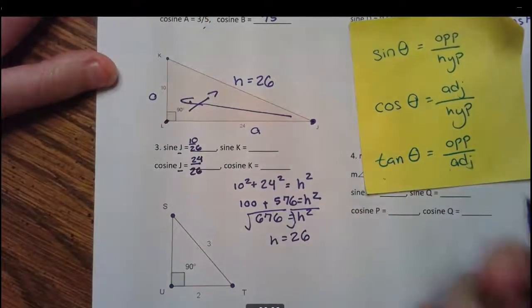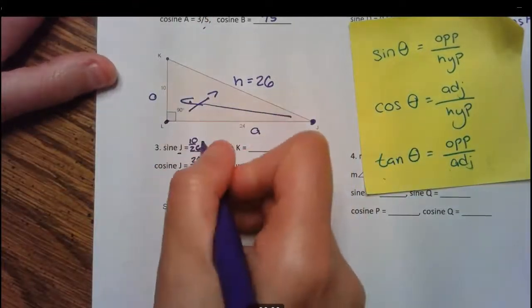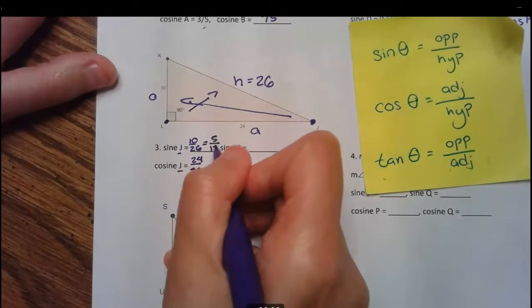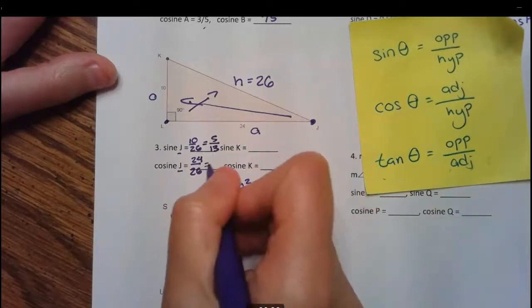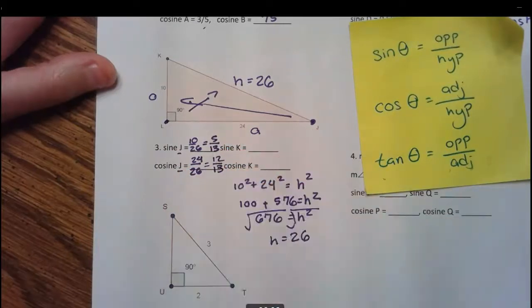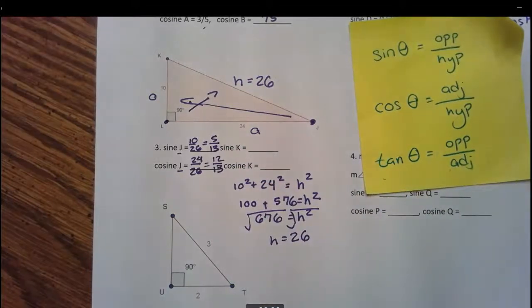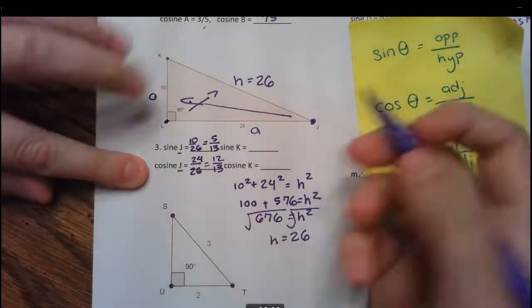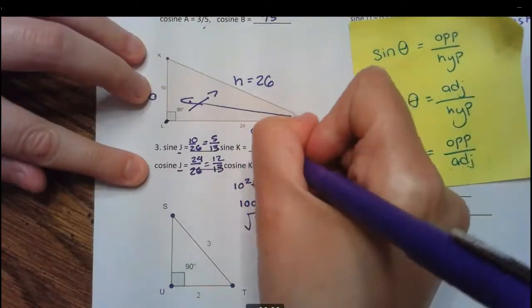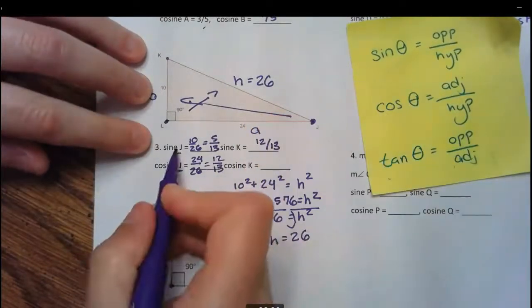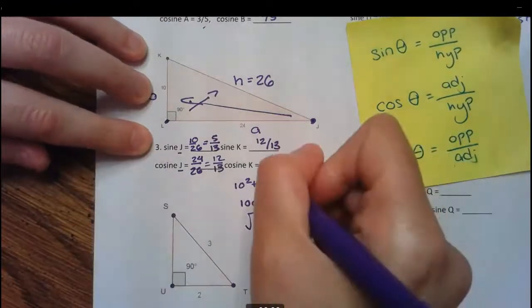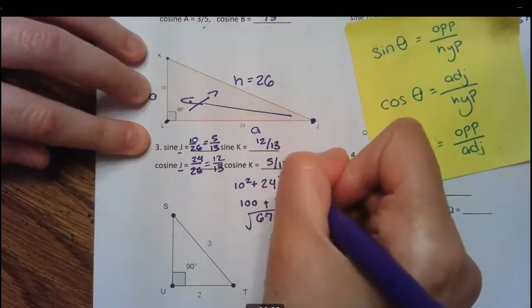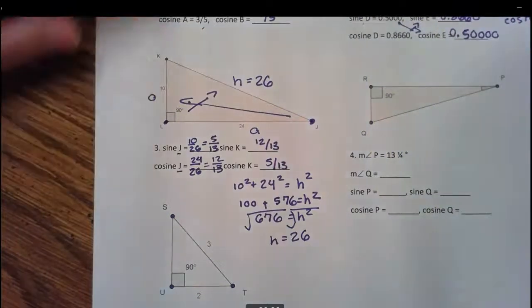Now I do have to reduce those. These are both divisible by 2, so we're going to reduce that to 5 over 13, and this one to 12 over 13. Now I don't need to do any more work because I know that cosine of j is the same as sine of the opposite angle, which is k. Same thing here. Sine of j is the same as cosine of k. So we've got our answers.